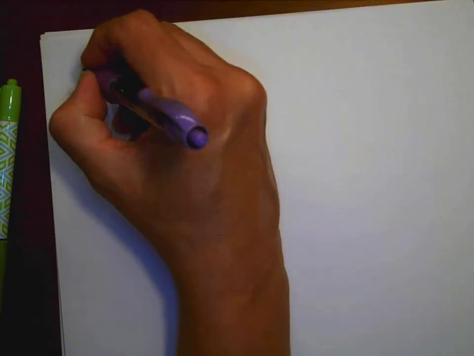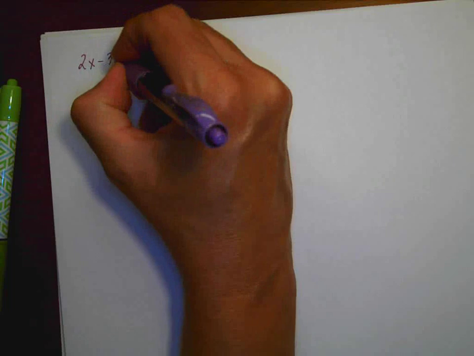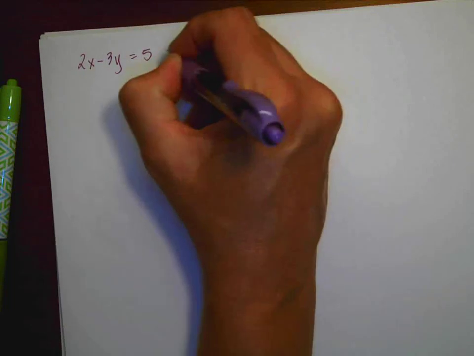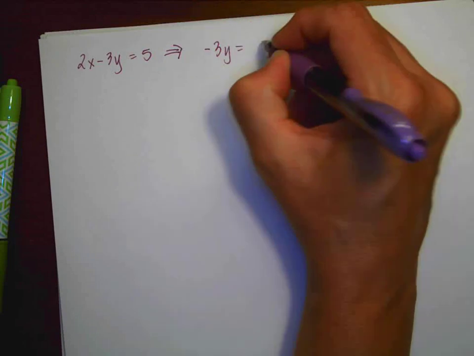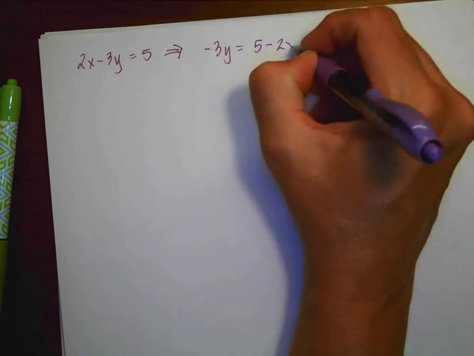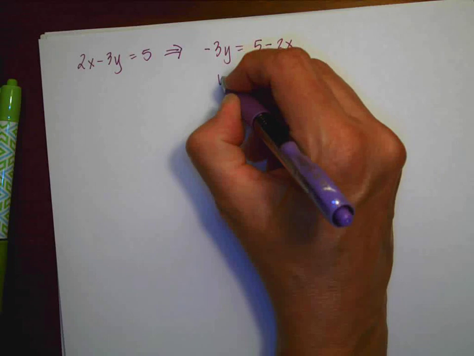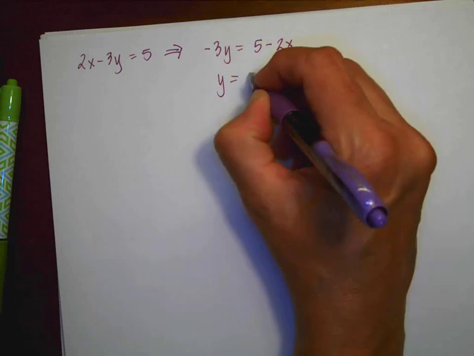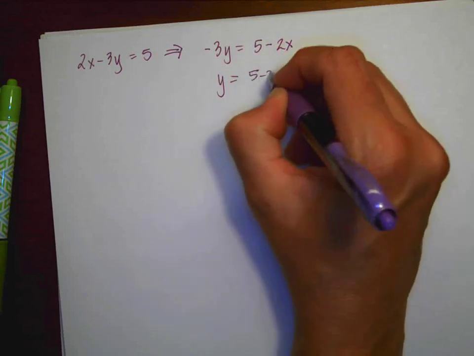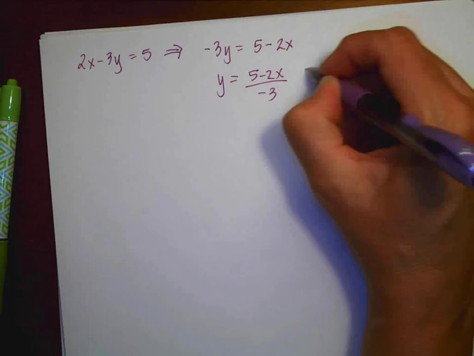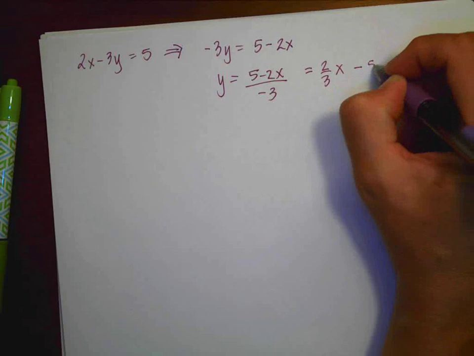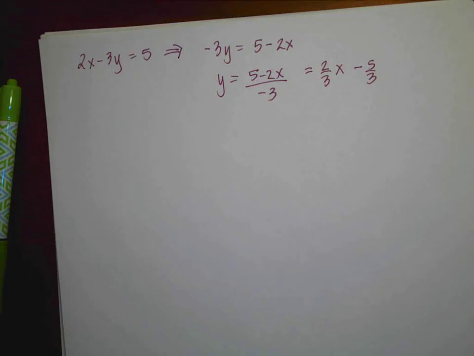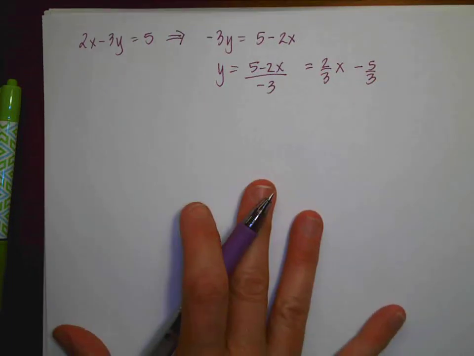So as I start, the first thing that I want to do is take the 2x minus 3y is equal to 5, and put it in slope-intercept form. So I have -3y is equal to 5 minus 2x, and then I get y is equal to 5 minus 2x divided by -3, and I'm going to write this as 2/3 x minus 5/3.